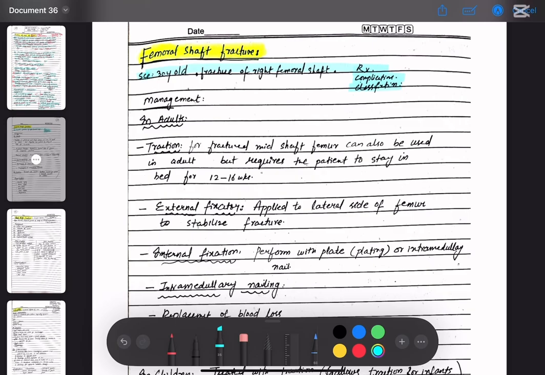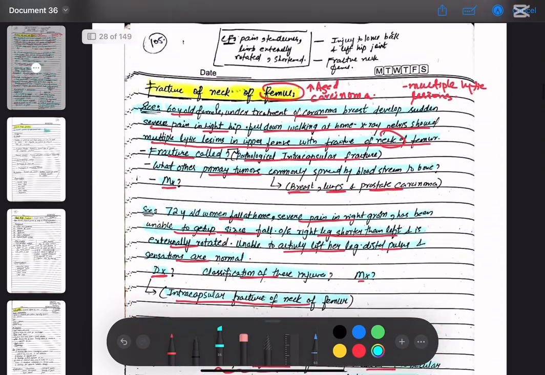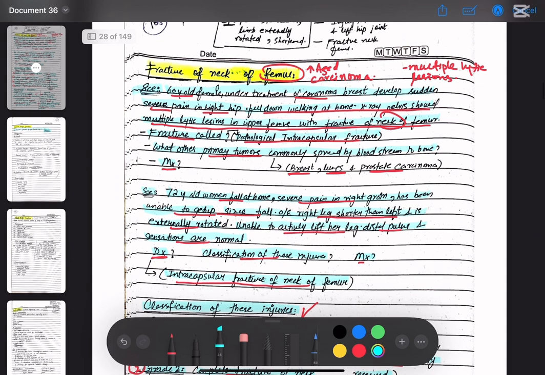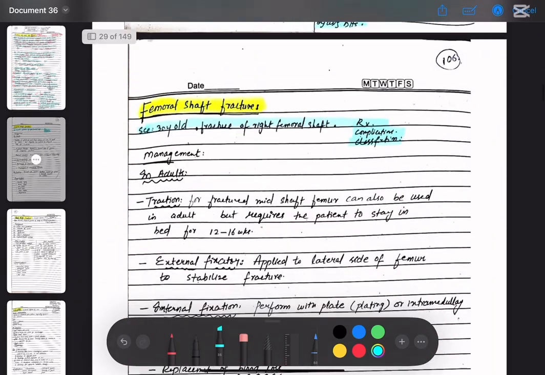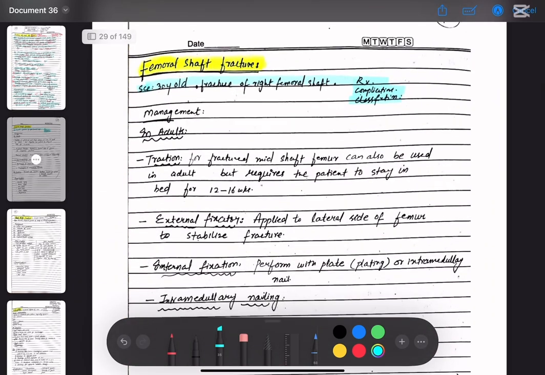In the previous section, we discussed the fracture of the neck of the femur, which is usually due to increased age or carcinoma, and is called the pathological intracapsular fracture. Now in this scenario, it is obvious that this is a fracture of the femoral shaft. So what are the treatment, the complications, and the classification of the fractures? We will discuss this.